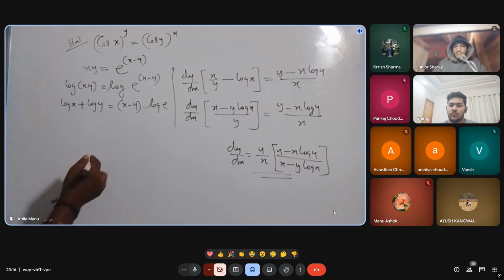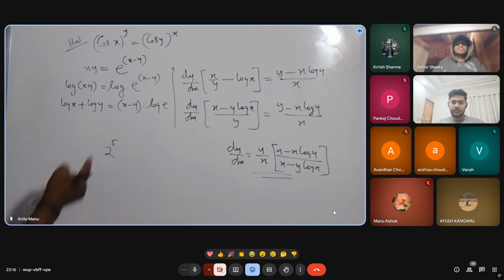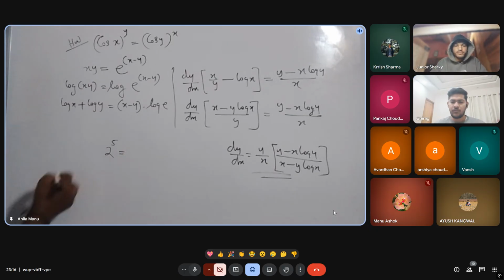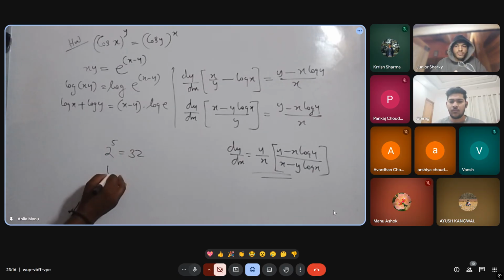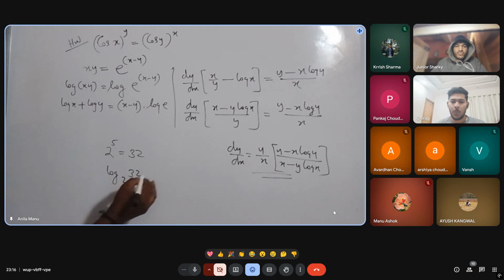Suppose you have 2 raised to 5, you can write this in terms of logarithm. 2 raised to 5 is 32, right? So you can write this as log 32 to the base 2 is equal to 5. 5 is the exponent here, correct, right?